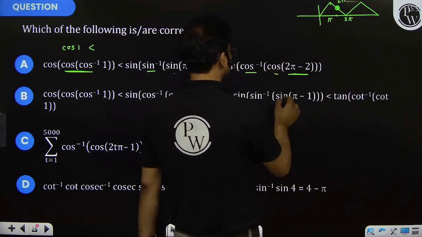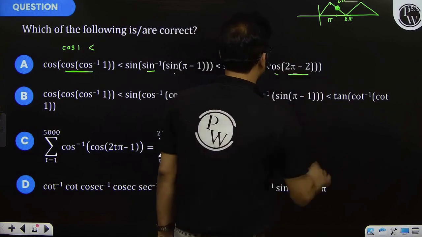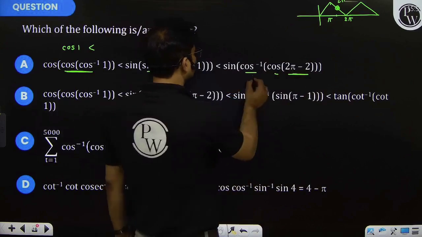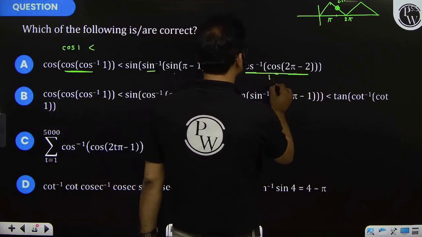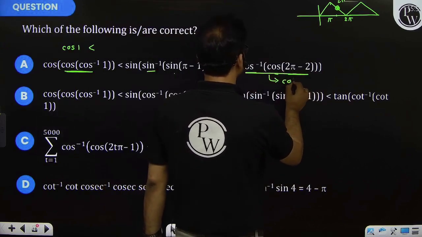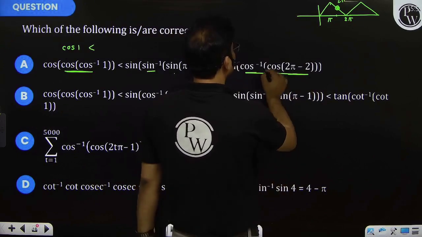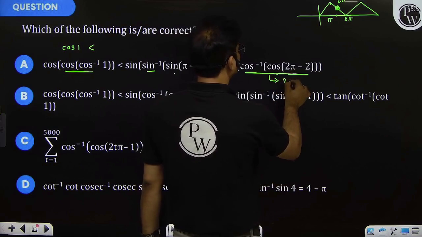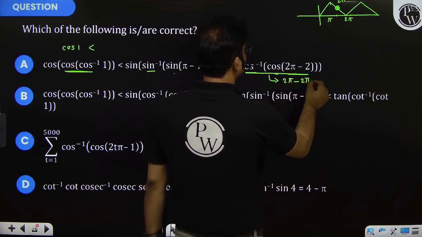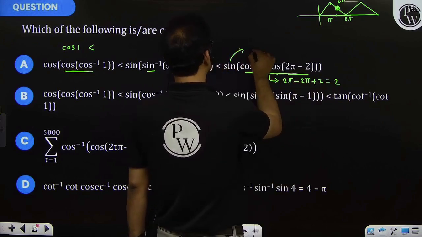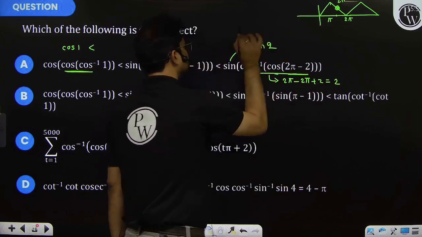Cos inverse cos of 2 pi minus 2 pi plus 2. That is simply 2. So this will become cos 2.